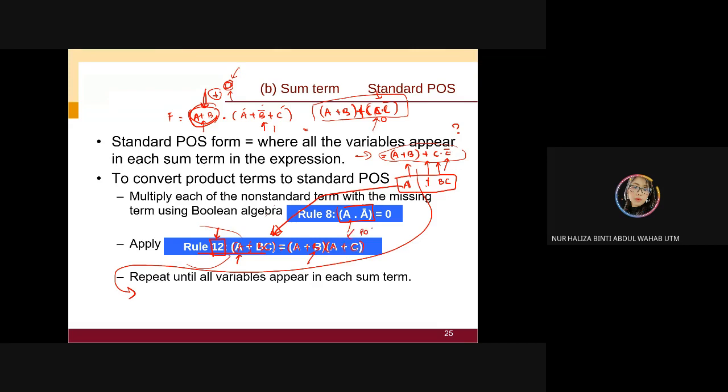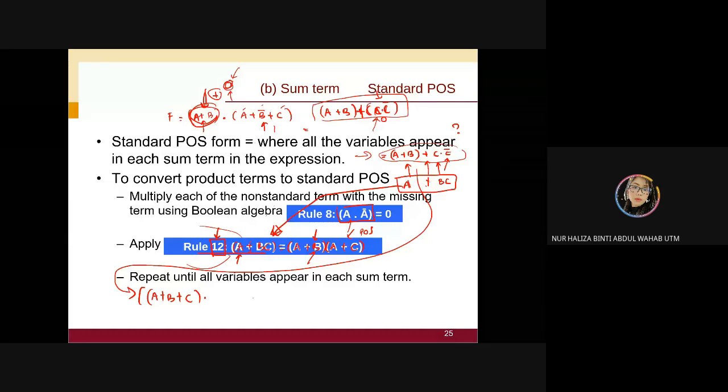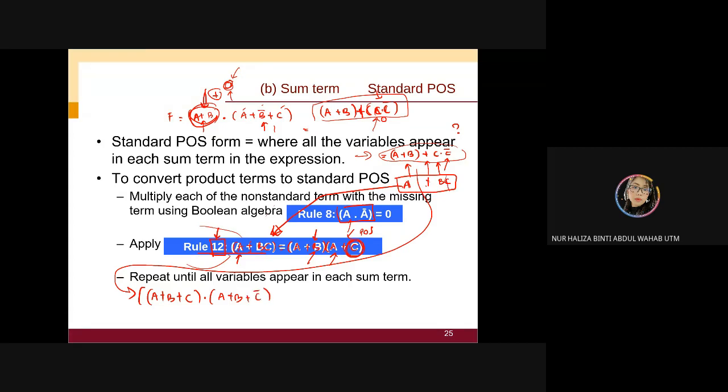This is a POS term. So my A here will be A plus B, and I will plus with my B, which is C. Then multiply with my A, which is A plus B, and multiply with my C, which is C bar.